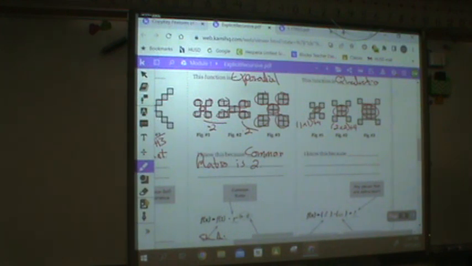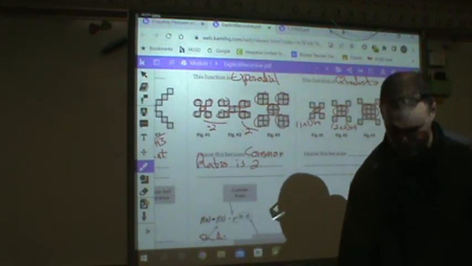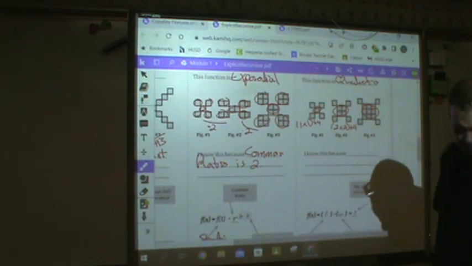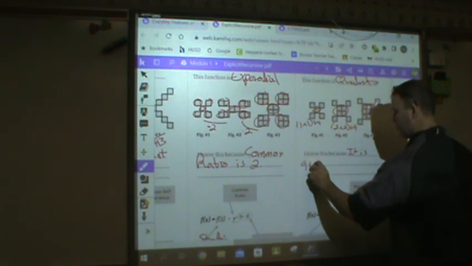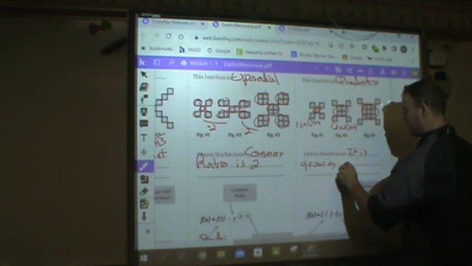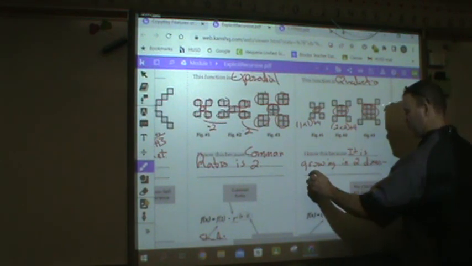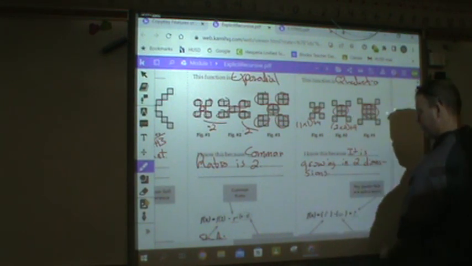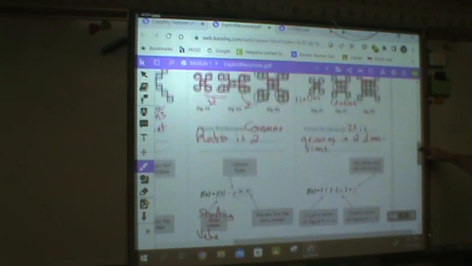Okay? So how do I know that this is a quadratic function? Okay? This figure is growing in 2 dimensions. Don't know if I hyphenated that right or not, but again, this is an English class.